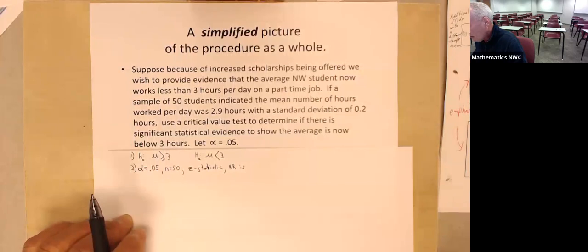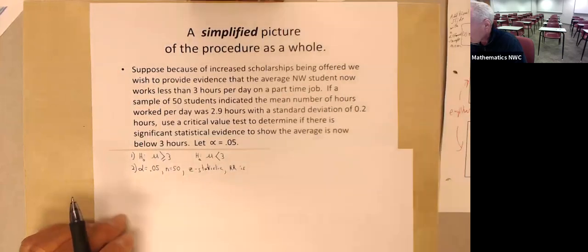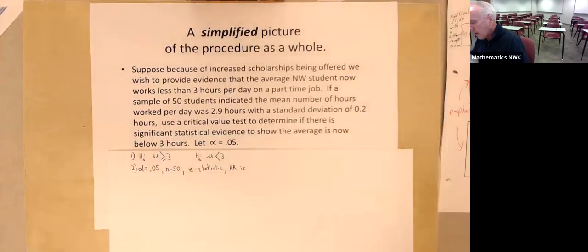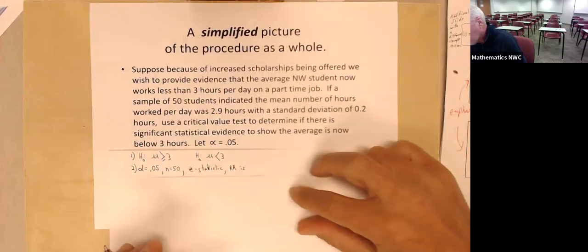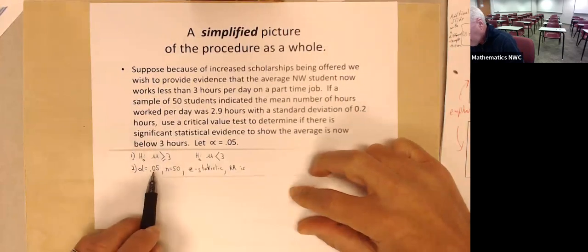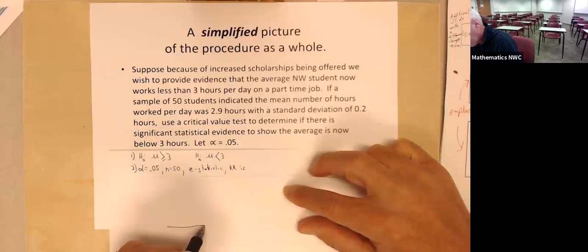To help you see that, I'm going to take another piece of paper out so I don't waste so much space. But here's what's going on. My alpha level is 0.05. It's a single-sided test because it's looking to show that it's less than 3.